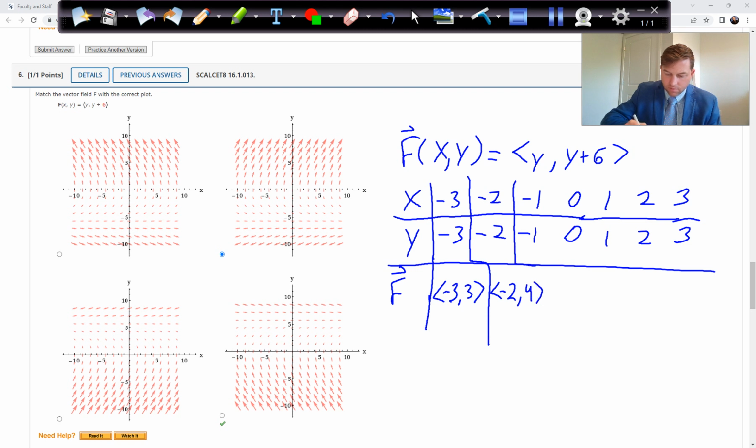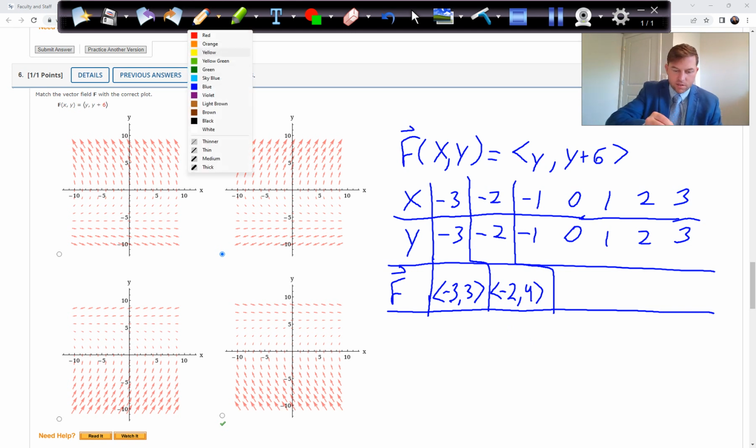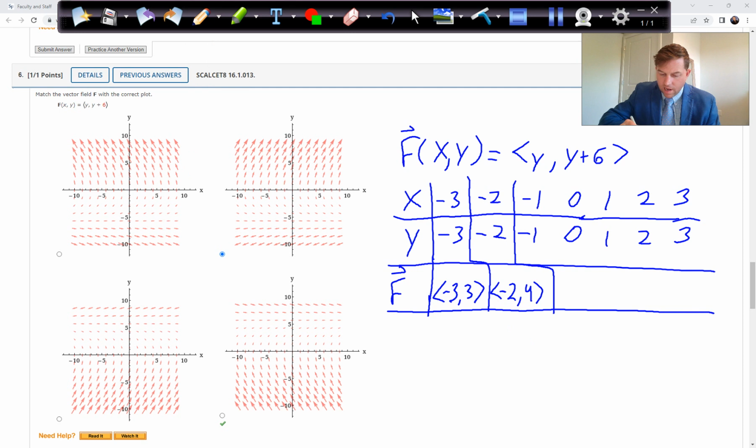-2 plus 6. So I'm plugging these into the vector field equation of y, y plus 6. So when y is -1, we're going to get -1 and 5. When y is 0, we're going to get 0, 6.